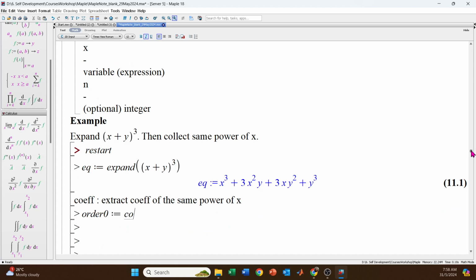Let's say here coeff, the coefficient for the equation. I want the same power of x, let's say x power 0, which gives y cubed. And then I just copy and paste.